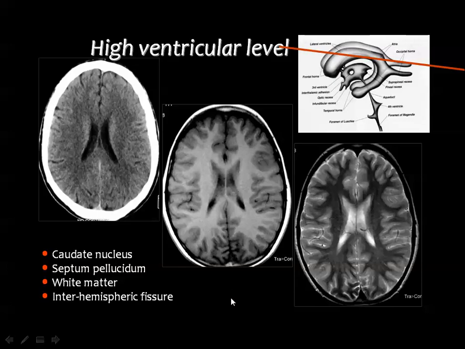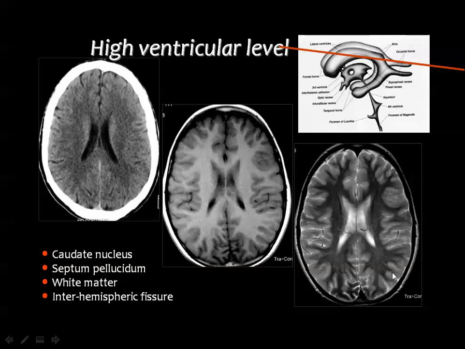And you know that the white matter appears the opposite of its name in the CT and MRI T2 weighted images. The white matter will appear a little bit dark, as you can see here, and the cortex will appear the opposite of its name. The gray matter will appear somewhat bright in the CT and MRI T2 weighted image.